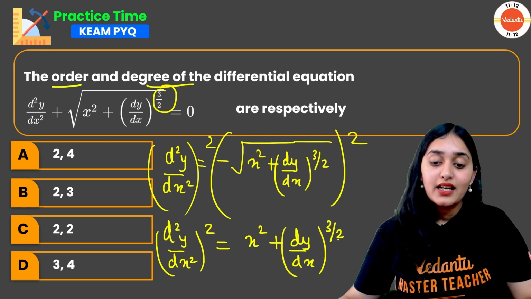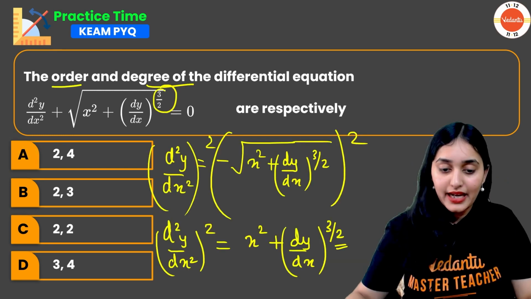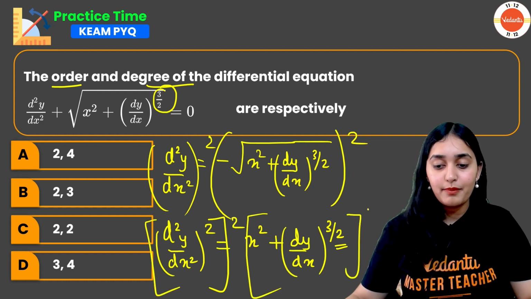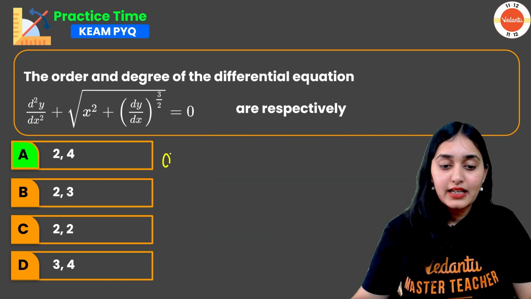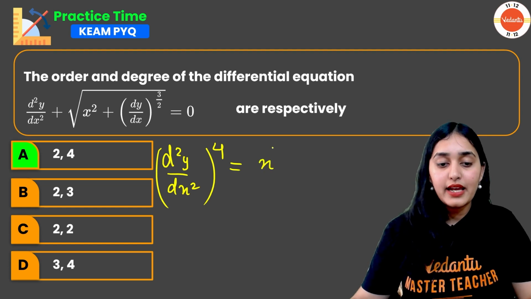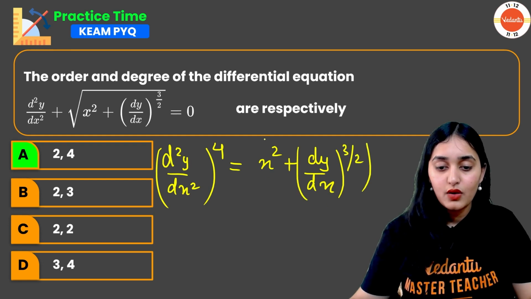Now again, still it is a fraction, we have to convert it as a whole number. So again what I will do, again square, power 2. So I get d square y by dx square whole to the power 4 is equal to x square plus dy by dx to the power 3 by 2 whole square.